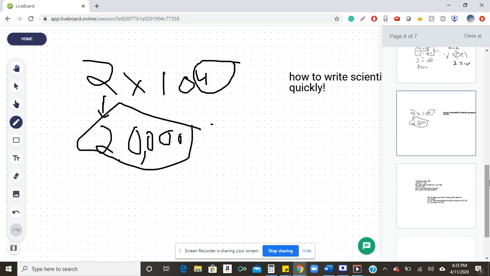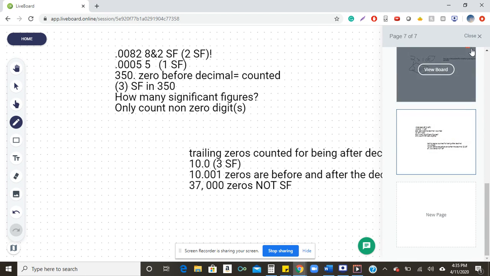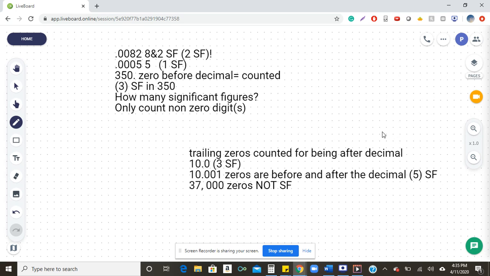Okay, next we have our last page, which is significant figures. Let me just write it here. Significant figures. So if you have a small number like 0.0082, you are only going to keep the non-zero digits.